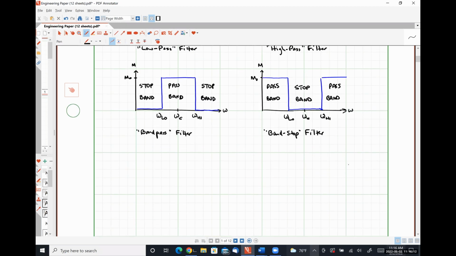A practical filter does not exhibit brick wall responses like ideal filters.